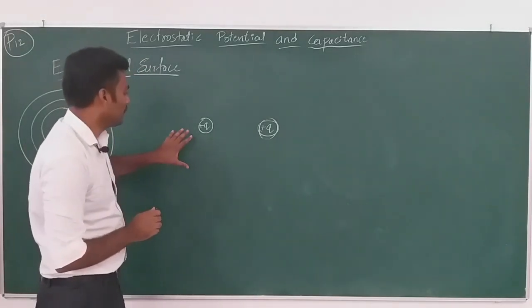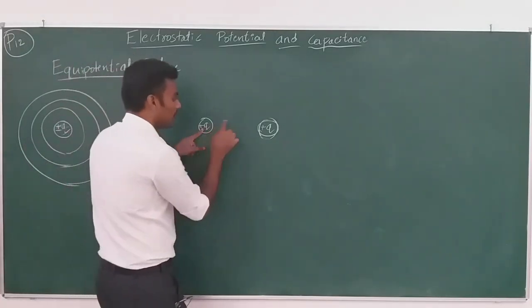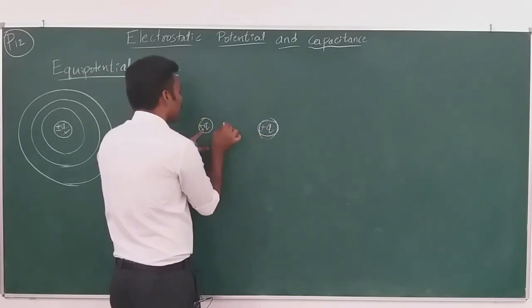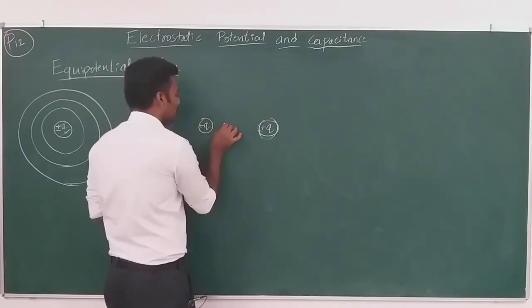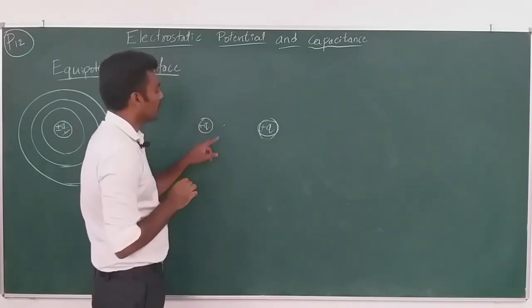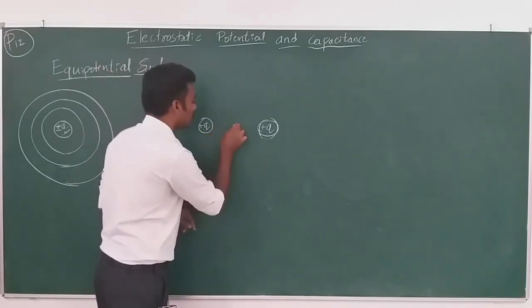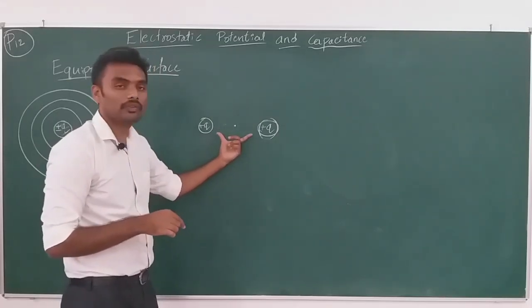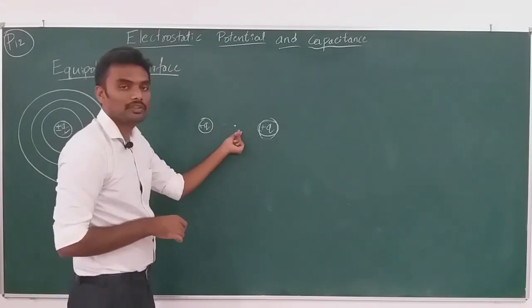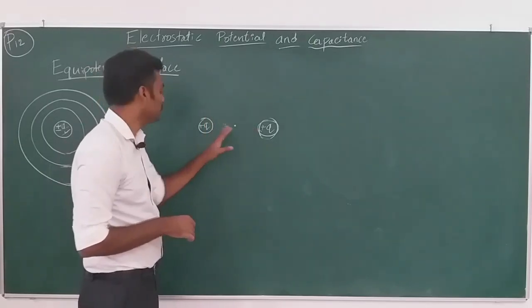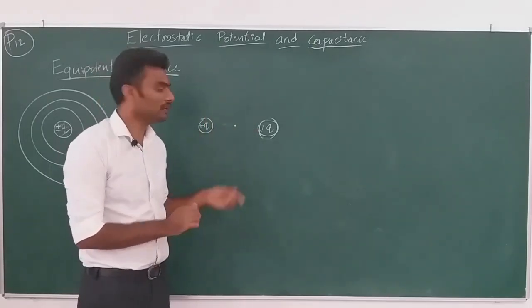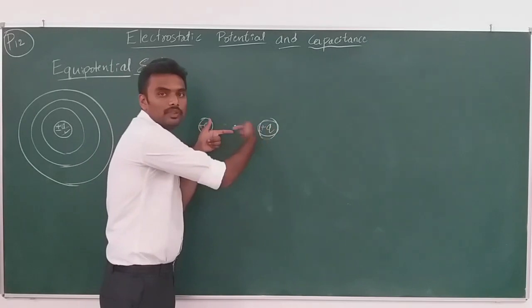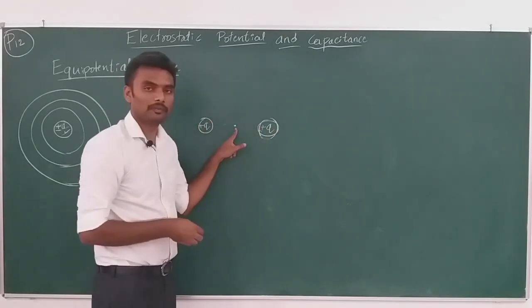Now this is positive, this is also positive. If I choose a certain point at the center of these two positive charges, there will be a certain potential which is double of the individual potentials, right? So V from this together it is 2V.